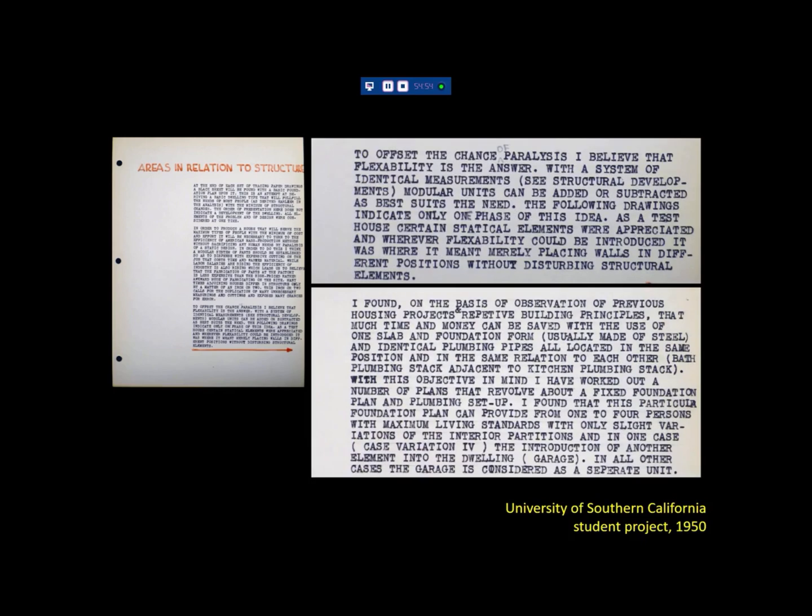He continues, "I found on the basis of observation of previous housing projects repetitive building principles that much time and money can be saved with the use of one slab and foundation form, usually made of steel, and identical plumbing pipes, all located in the same position and in the same relation to each other, bath plumbing stack adjacent to the kitchen plumbing stack. With this objective in mind, I have worked out a number of plans that revolve about a fixed foundation plan and plumbing setup.